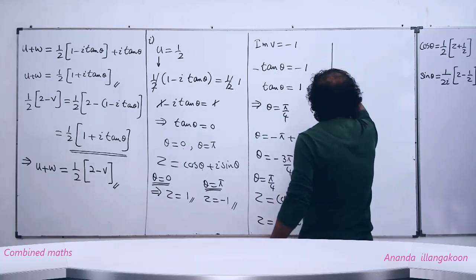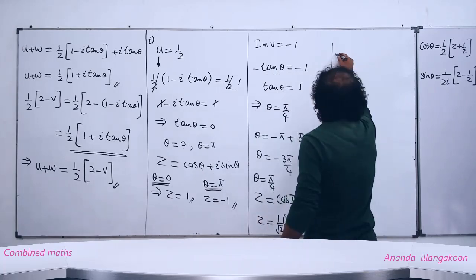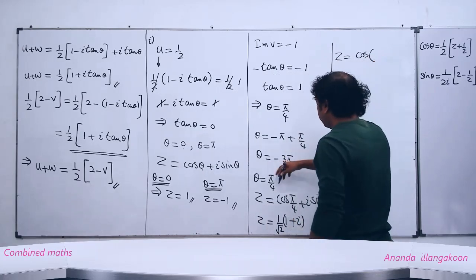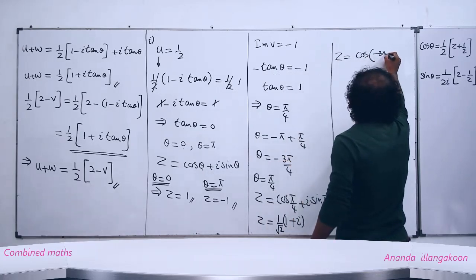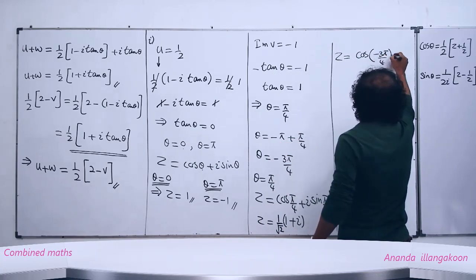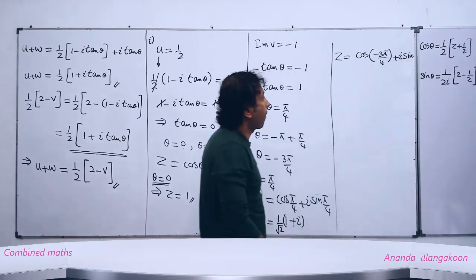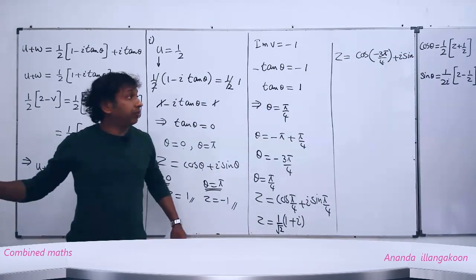Next one. Cos of this angle minus 3 pi by 4 plus I sin minus 3 pi by 4.